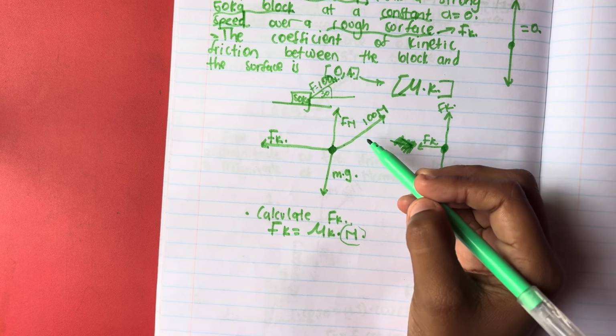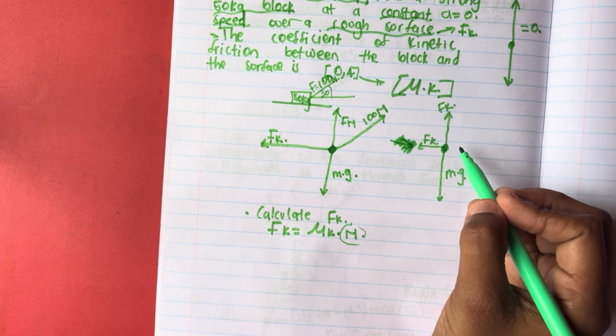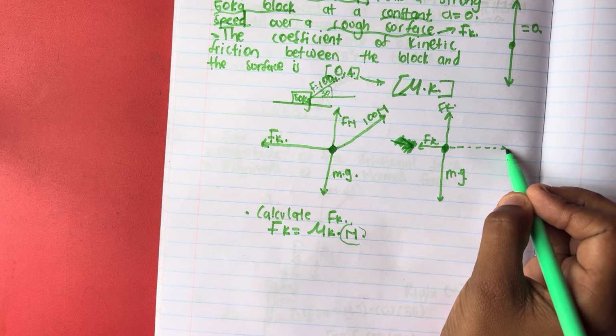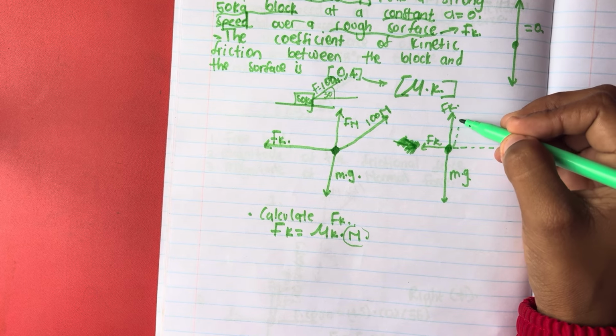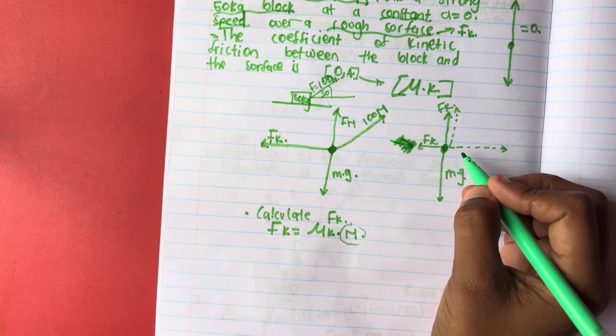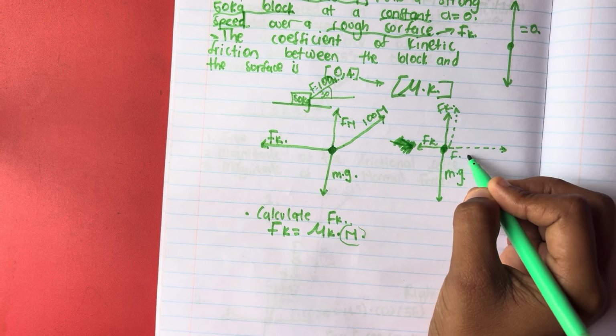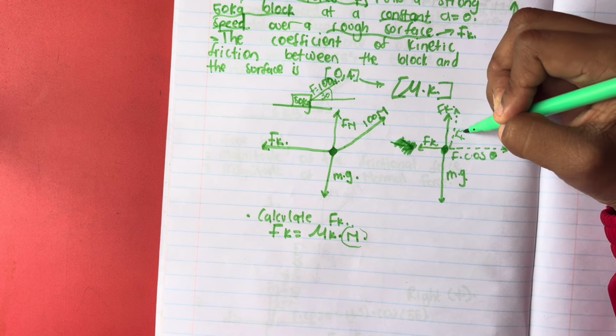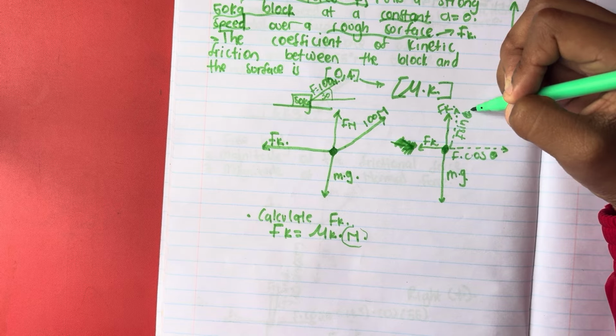And then when we break down this applied force into its components, we're going to have an x component and a y component. This will be F cos theta. This will be your F sine theta, right?